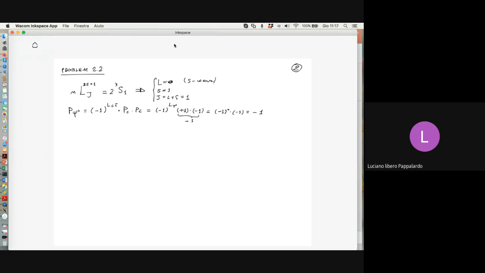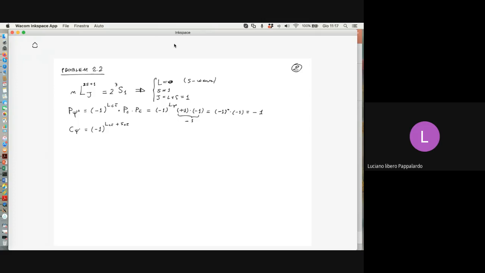What about now the charge conjugation? Okay. So this is given by -1 to the L plus S, if you remember, for a pair of fermions, because in this case, you have to take into account also the symmetry of the spin component of the total wave function.